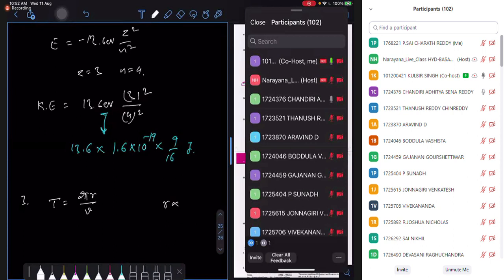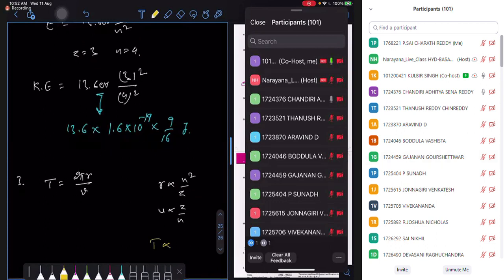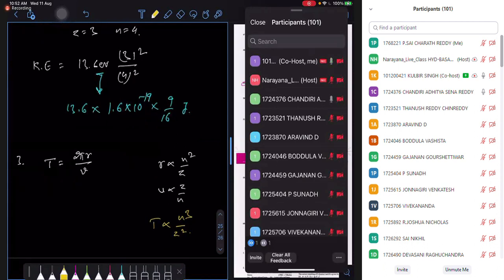R is proportional to n squared by z, and velocity is proportional to z by n. So if I write here r by v, my time period is going to be proportional to n cubed by z squared, right?